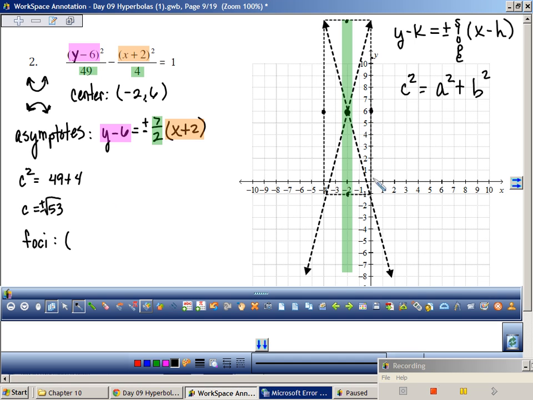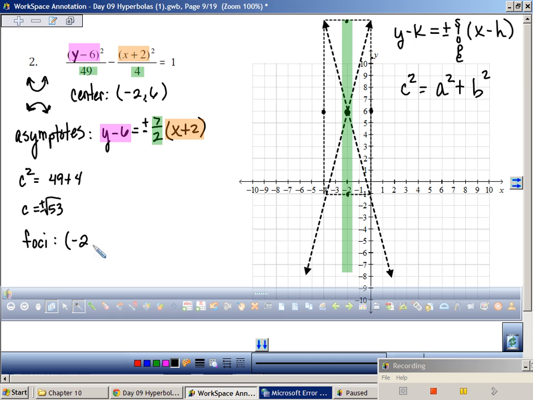So I have to move on my x-axis first, which is -2. Then where do I go? Up 7, and then plus square root of 53. And the other one, I still go -2, only this time I go 7 minus square root of 53.